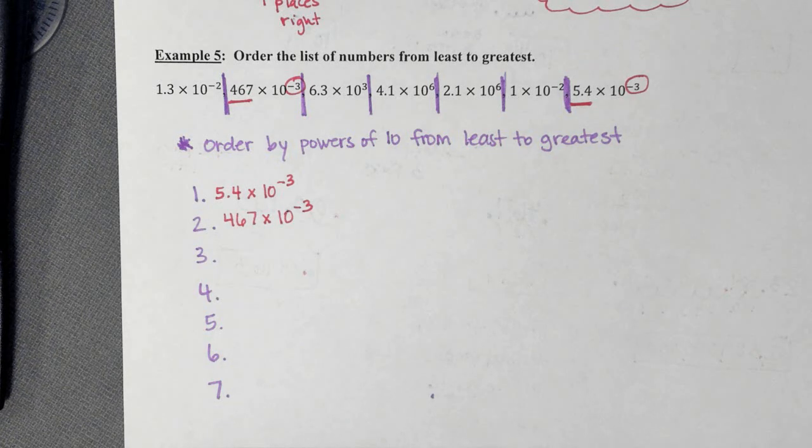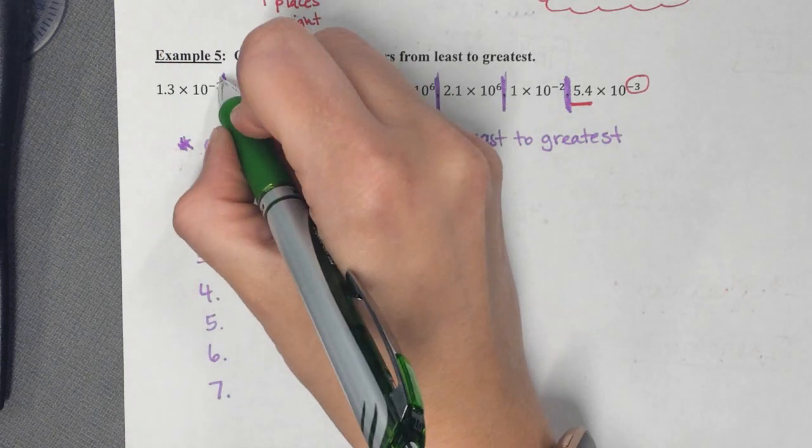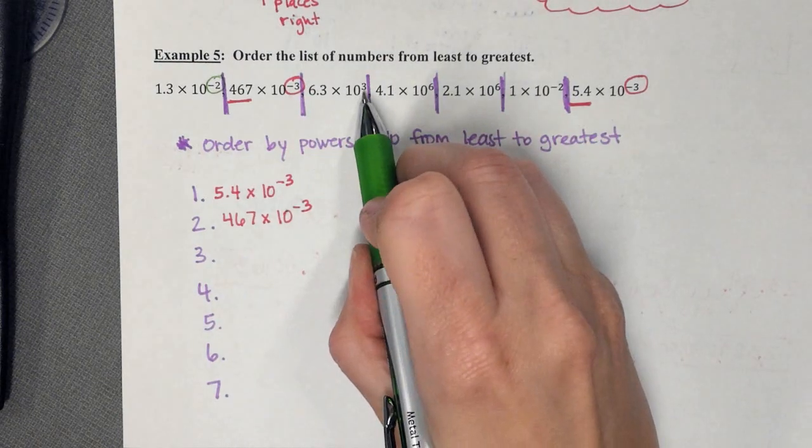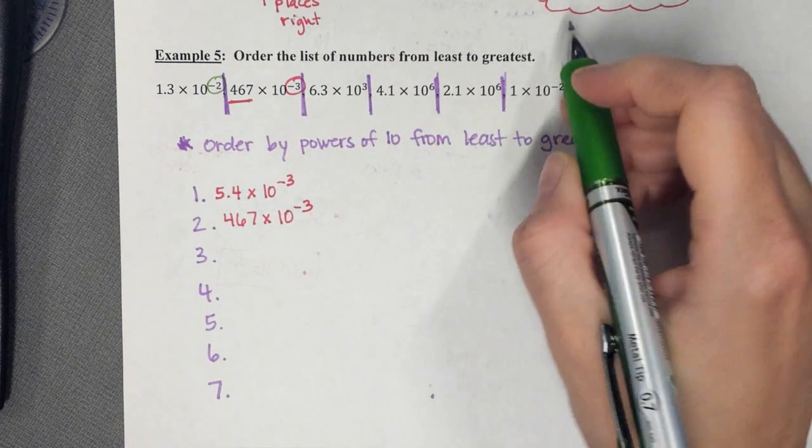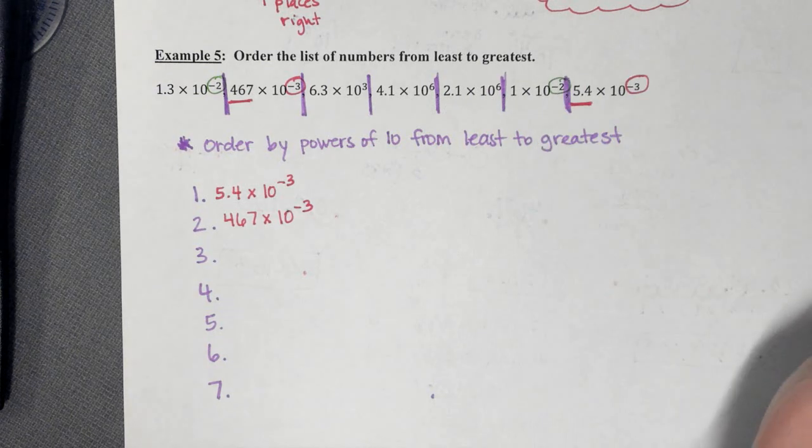All right, so now I'm looking for an exponent that's higher than -3. So what would that one be? Yep, I have a -2 here. This is 3, 6, 6, and then I have another -2. Do you guys think that you could order that one?